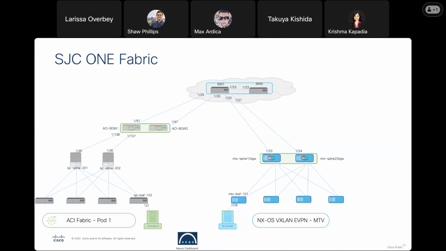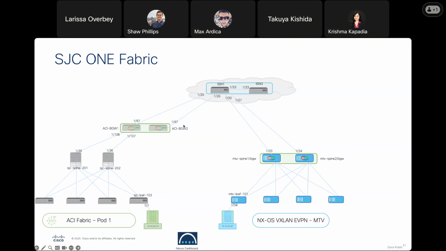So you can see here we have an ACI fabric, which has a single pod, and we have an NXOS fabric. We are leveraging NDFC, and we have a single site here.